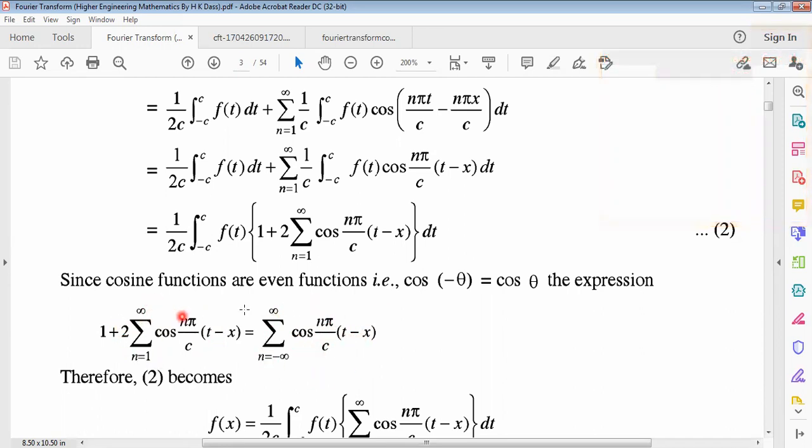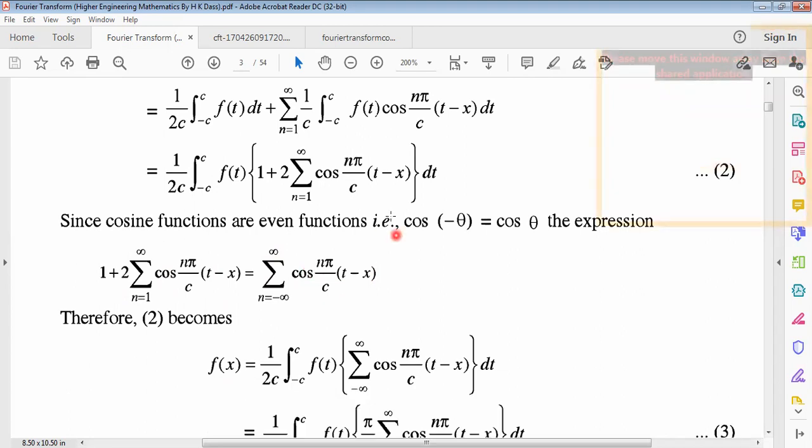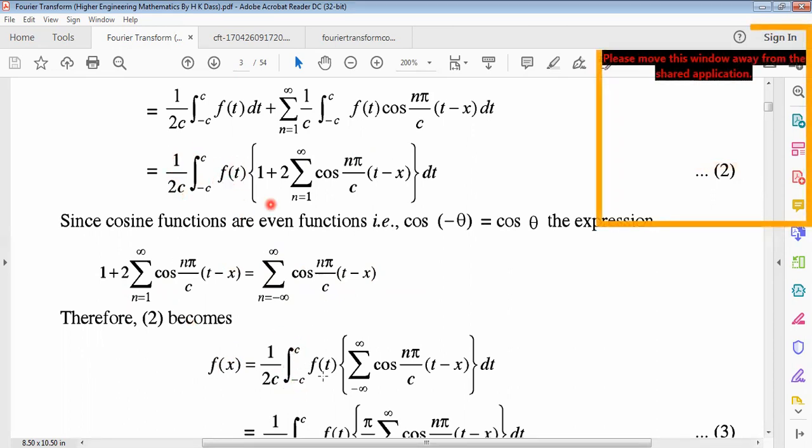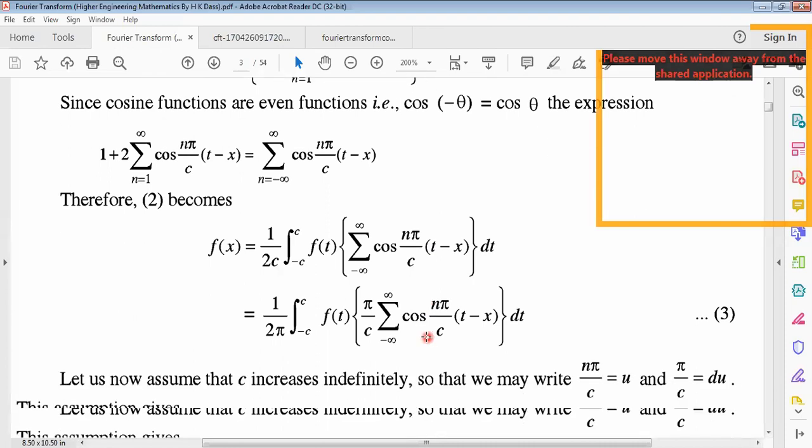This series can be written as this. So this equation number 2 reduces to f of x equals 1 by twice c, integral from minus c to plus c of f of t, and this whole series can be written like this: summation from minus infinity to plus infinity of cos n pi by c (t minus x). Remember it.